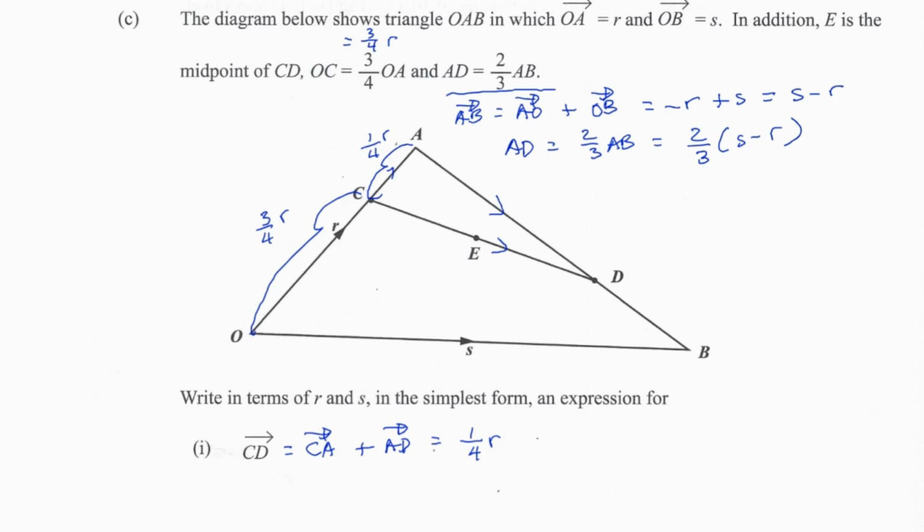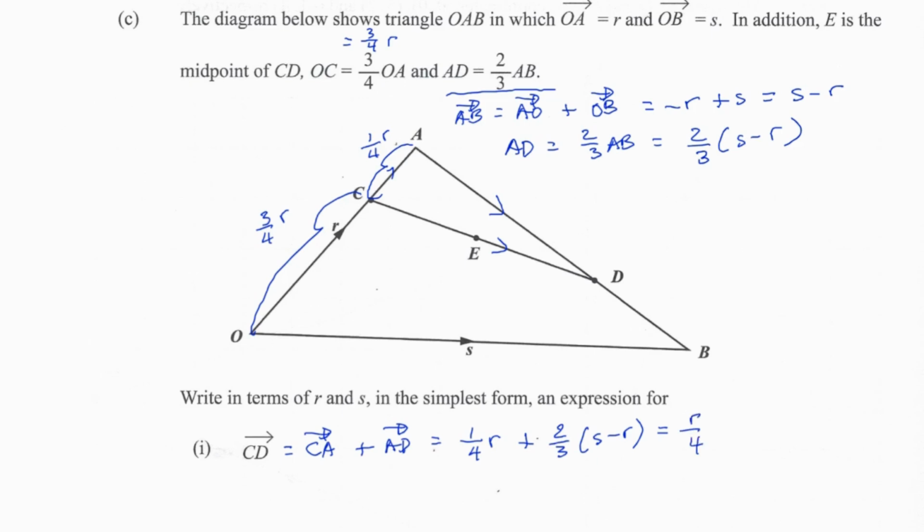So AD is 2/3 by S minus R. So we're going back to the original equation that we had here. We are trying to find CD. So we know CD is CA plus AD. And now we have AD as well. So that is equal to 2/3 by S minus R. But can we simplify this a little bit further? Yes, we can. How do we do that? So I'm going to rewrite this. So instead of a quarter R, I'm saying R over 4.